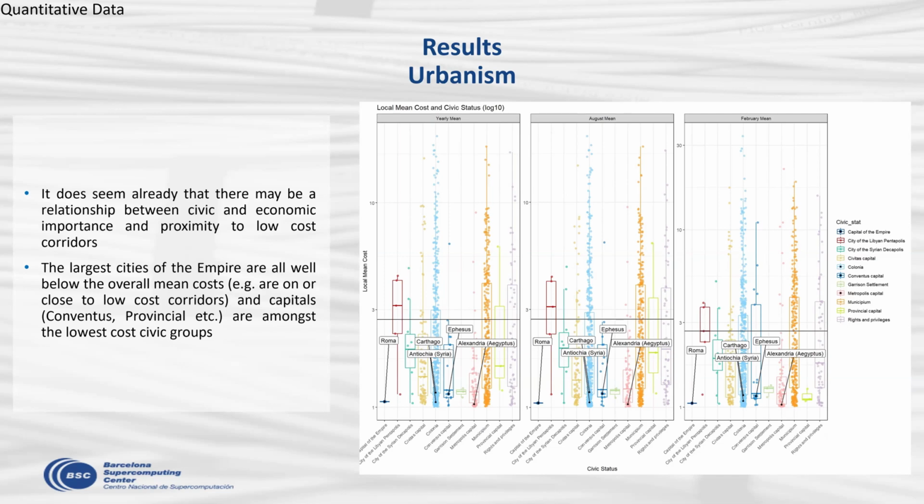And if we look at some of the different civic groupings, we have capitals, so obviously Rome, the capital of the empire, and then provincial capitals or metropolis capitals. These all as groups have much lower costs than other civic group categories. Again, we need to add the maritime stuff and see what that does, but this looks much more like these are along these routes.